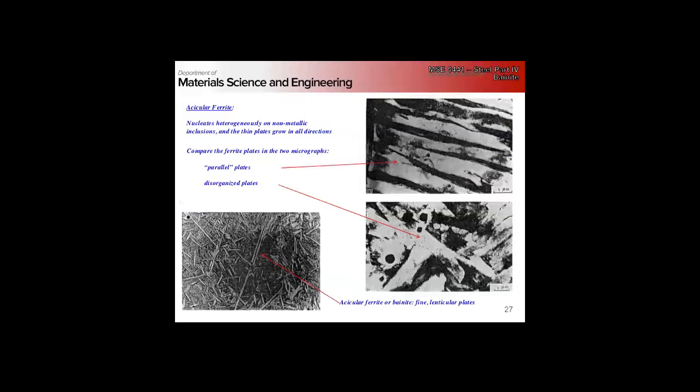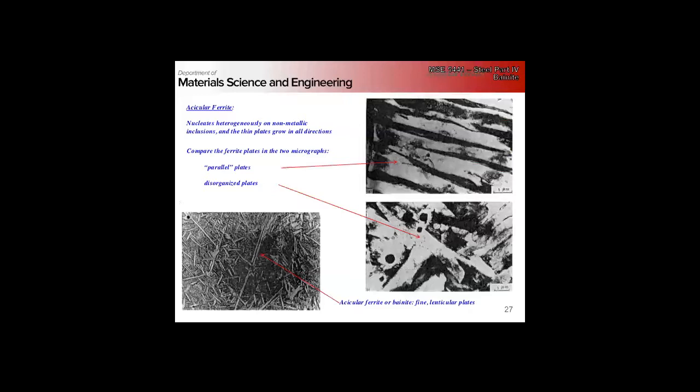I do want to hit this acicular ferrite, right? Which is basically ferrite plates that instead of forming nice layers, form this mess of disorganized plates. So here we have bainite forming nice and regular.